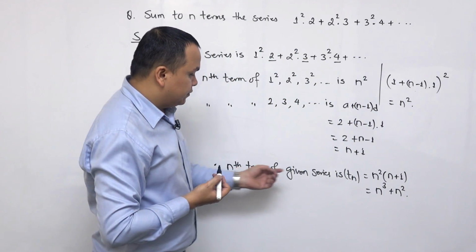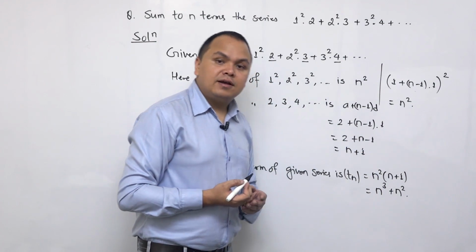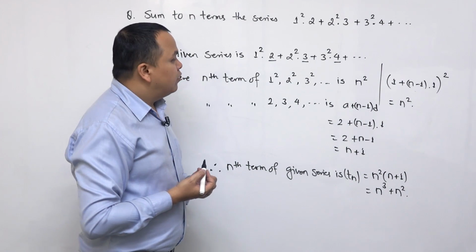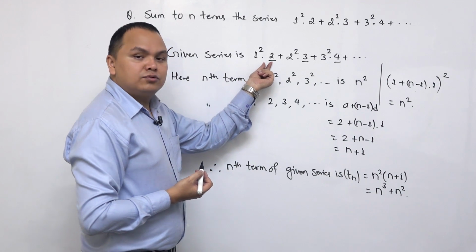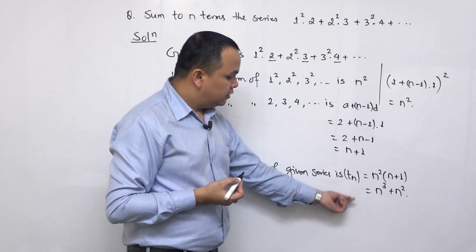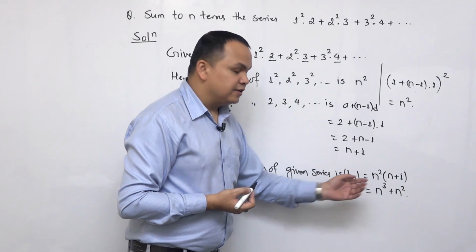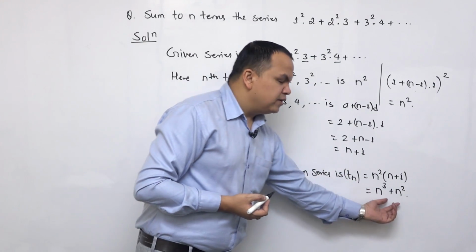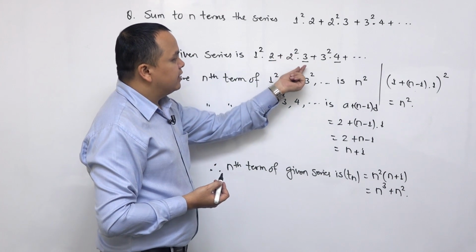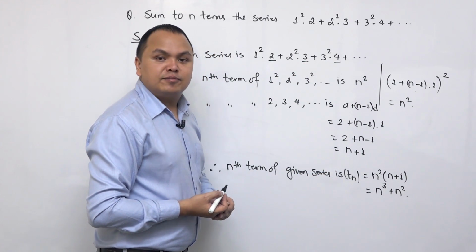If we put n is equal to 1, then 1 cube plus 1 square, which is 2. Here our T1 is 1 square into 2, 2. Similarly, if we put n is equal to 2, then 2 cube, which is 8, plus 2 square, which is 4, and sum is 12. And here our T2 is again 2 square into 3, 12. So our Tn is 100% correct.